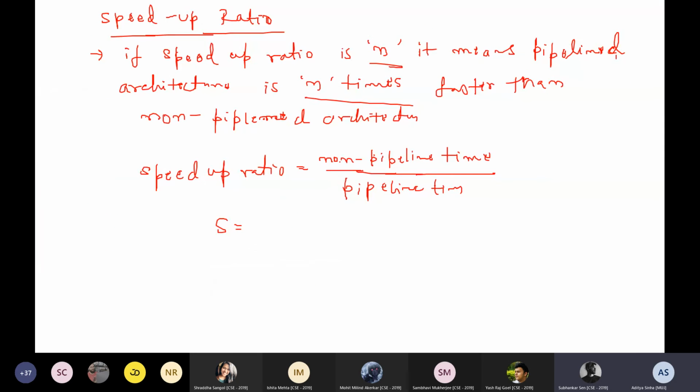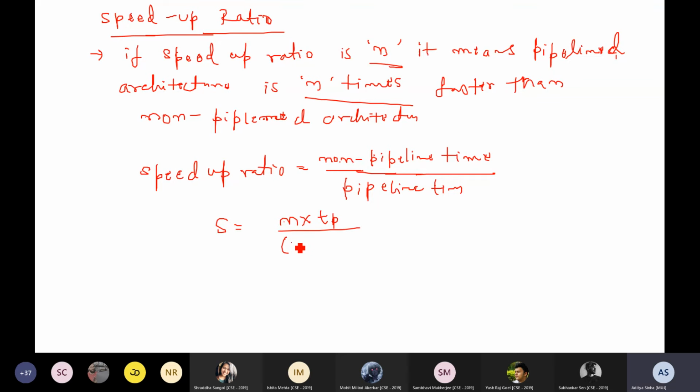Can you write it in terms of the symbol? Can we write it like n into TP? N is the number of data items and TP is the pipeline cycle, the time required by each segment. And in case of this, one cycle, one segment. And what is the time required by the pipeline? Pipeline architecture में क्या होता है? कितना होता है?